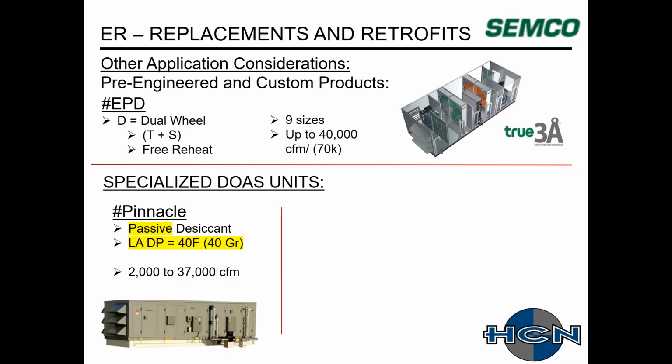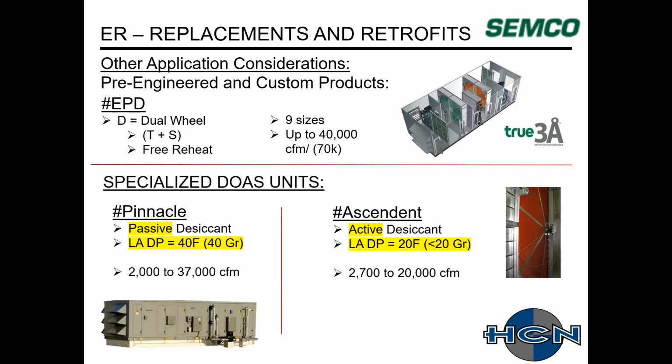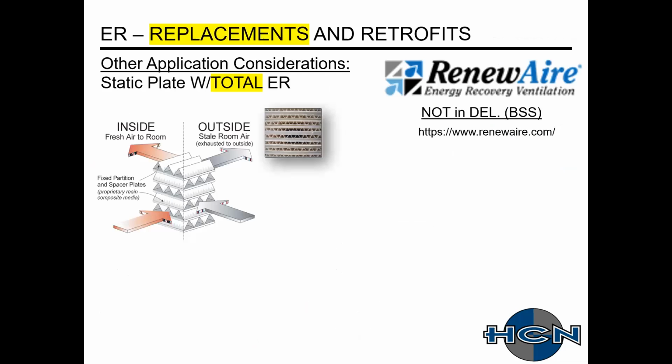And then for even lower dew point temperatures, they have the Ascendant, where we're using an active desiccant. You can have your grains less than 20. Those are the sizes that are available. And then just to once again highlight that both products are specialized in just low energy usage, and they also provide tight dew point or humidity control.